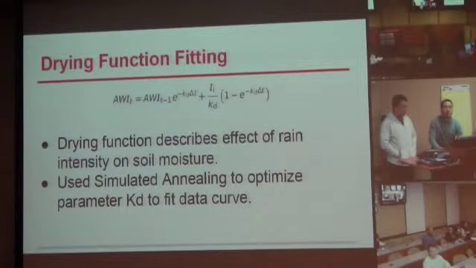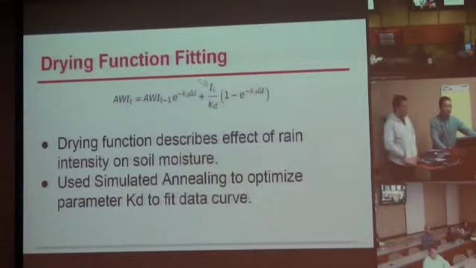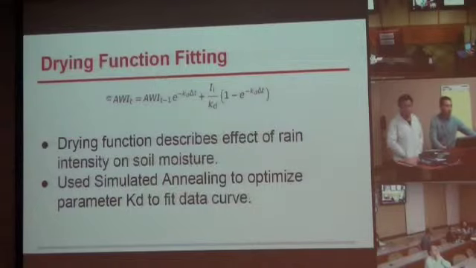The other part is I, which is the rain intensity. What this equation essentially describes is, given the past moisture level plus the current rain intensity recorded and time elapsed, what is the future soil moisture?